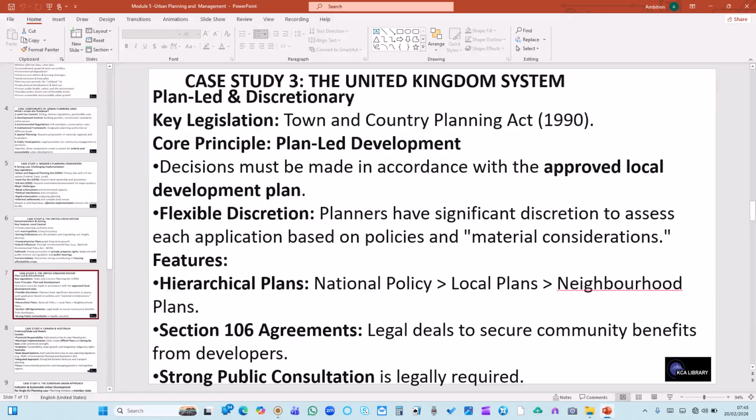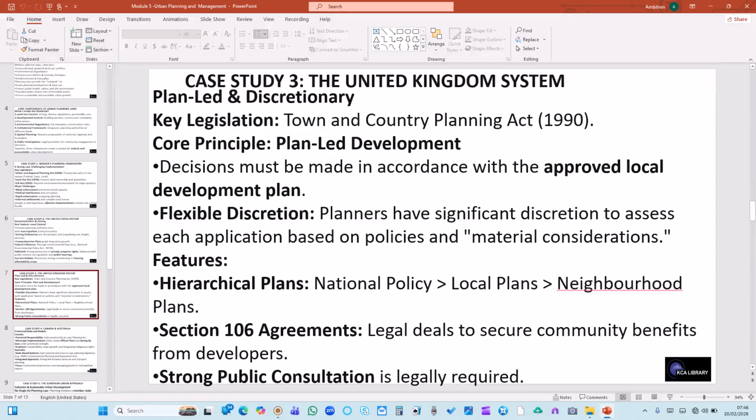It is also characterized by flexible discretion, which entails that planners have significant discretion to assess each application based on policy and material consideration. The key feature is hierarchical plans, that is from national policy to local plan, down to neighborhood plan.